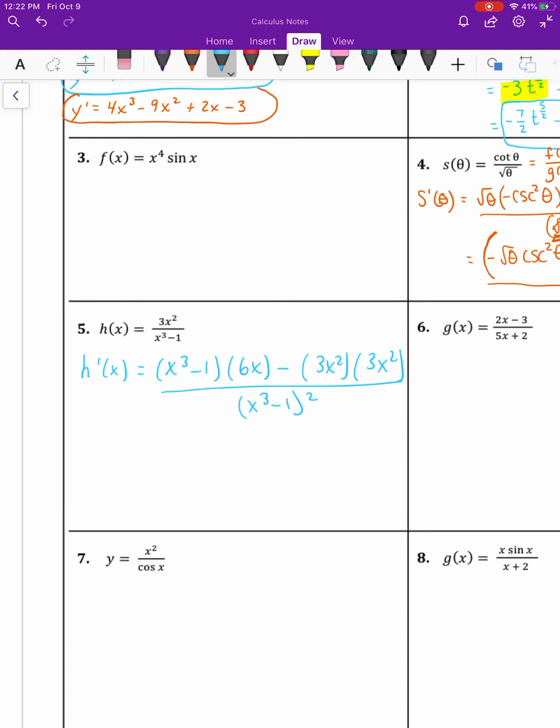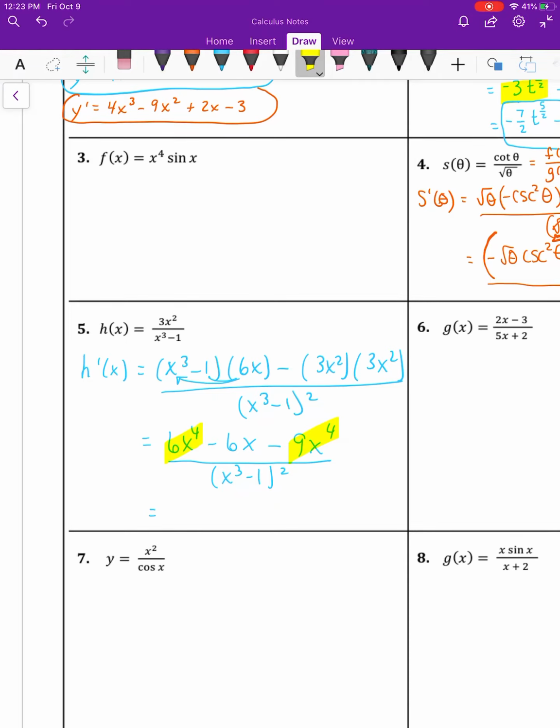Do not worry about simplifying it, doing anything with the denominator. Okay, we don't want to worry about that. 6x to the 4th minus 6x minus, and this would be 9x to the 4th. Keep this just x to the 3rd minus 1, squared. Okay, don't mess around with it.